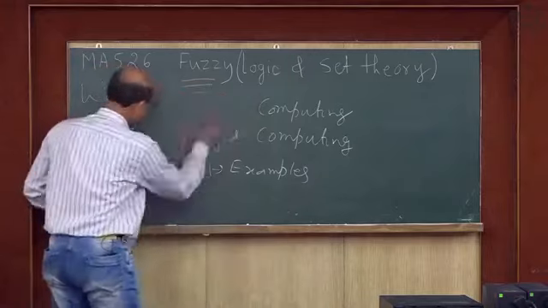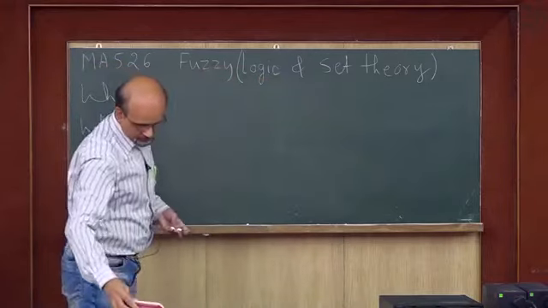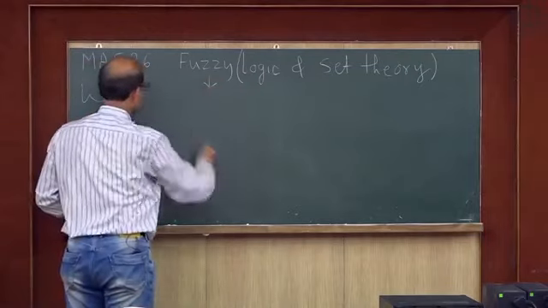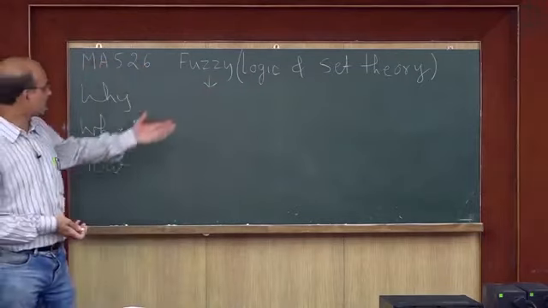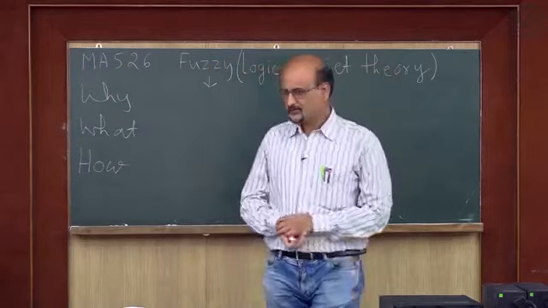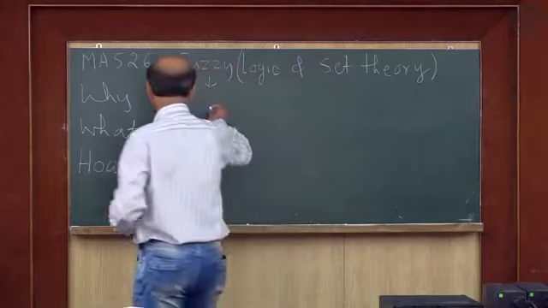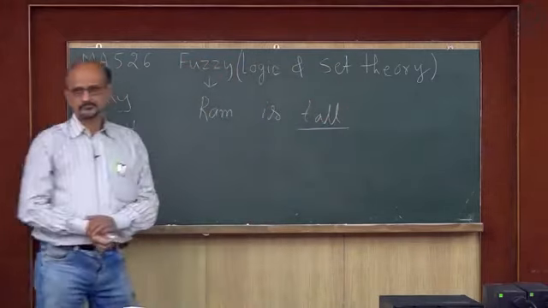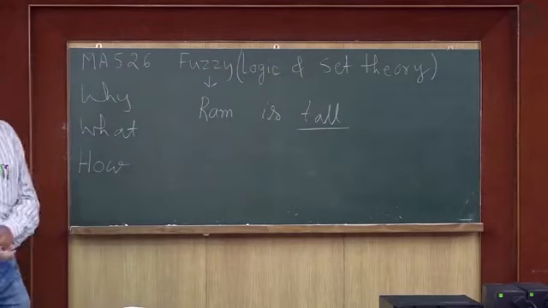So with this, now as I told, why this fuzzy, from here you got, because you know what is set theory, set you know. Suppose I say that a person Ram is tall. Okay. Ram is tall.